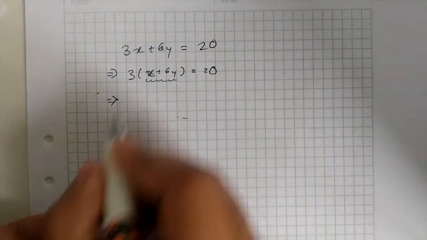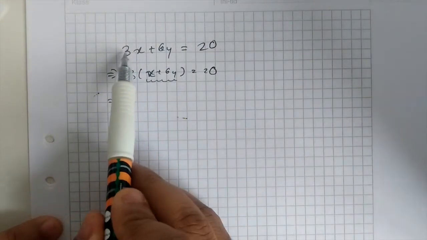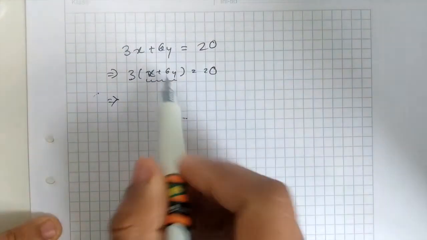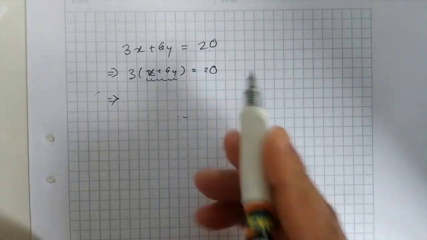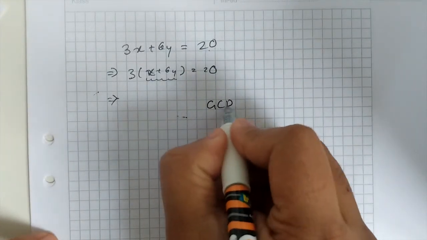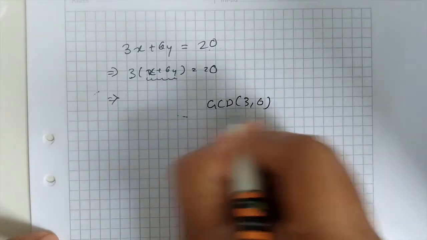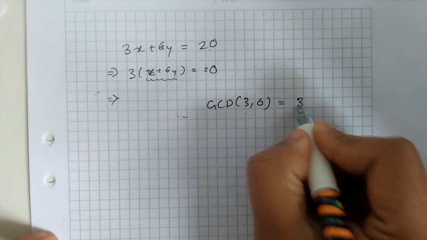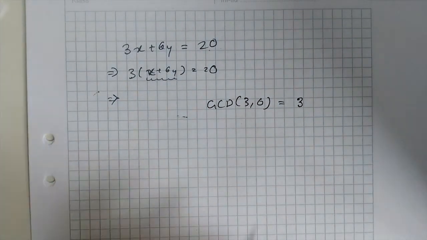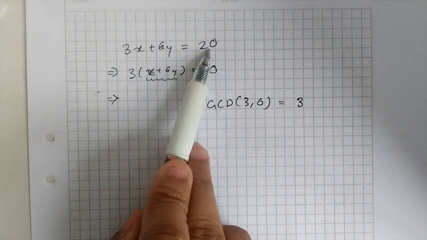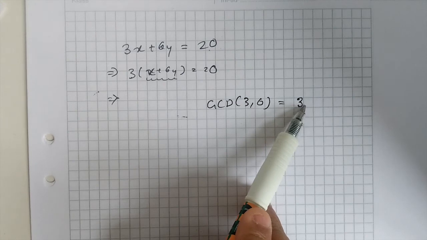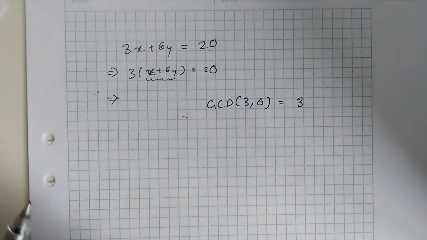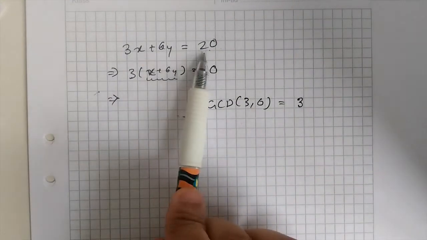So in other words, the number on the right side must be a multiple of the GCD of 3 and 6. If we take the GCD of 3 and 6, the answer is 3. So whatever number you have here must be a multiple of the GCD. If it is not a multiple of the GCD, then it is not possible.